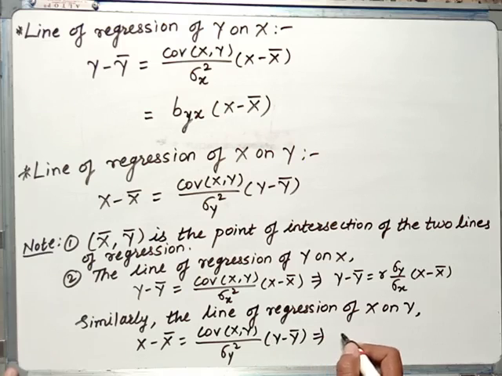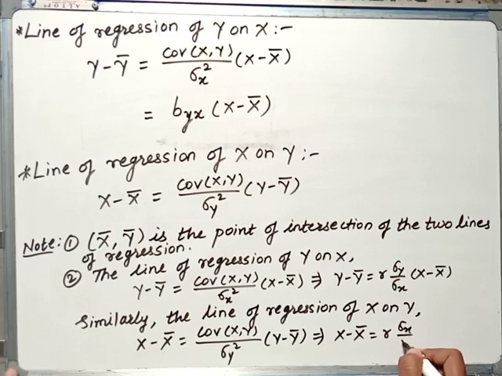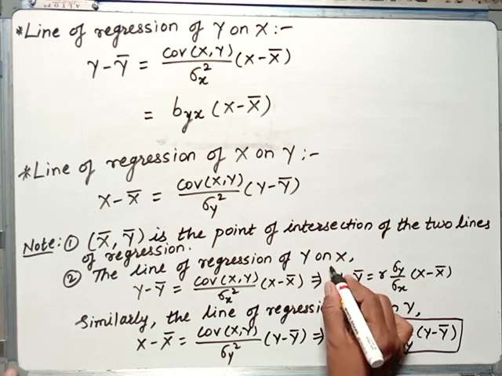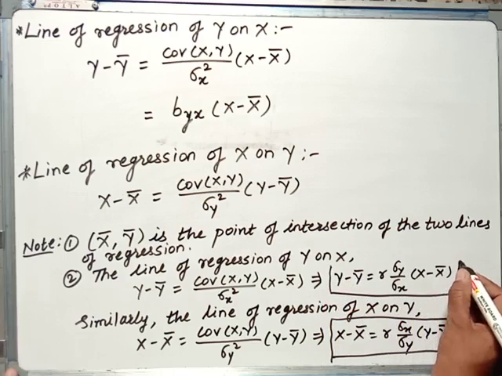And that is written as x minus x bar is equal to r into sigma x upon sigma y into y minus y bar. Remember, this is a very important form of these lines of regression.